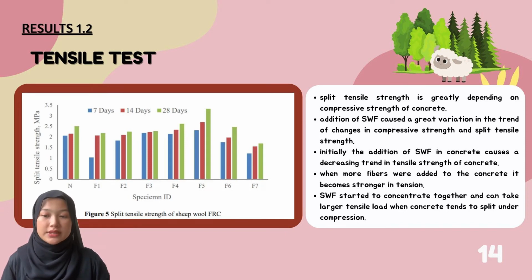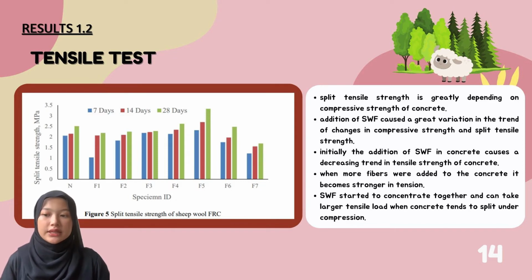But beyond 1%, when more fibers were added to the concrete, it became stronger in tension. It is because the sheep wool fibers start to concentrate together and can take a larger tensile load when the concrete tends to split under compression.